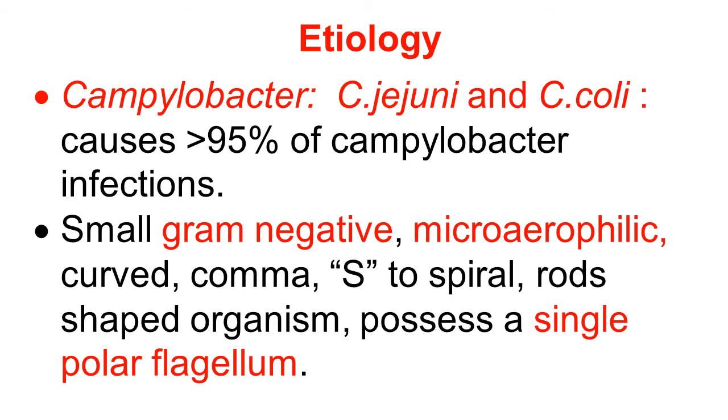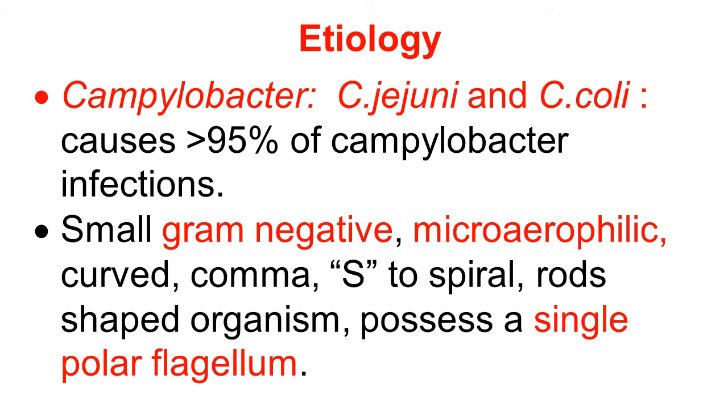Here we will study etiology. It is caused by Campylobacter species. There are two species in that, Campylobacter jejuni and Campylobacter coli. These two cause more than 95% of Campylobacteriosis infections. Campylobacter are small organisms. They are gram-negative, microaerophilic.